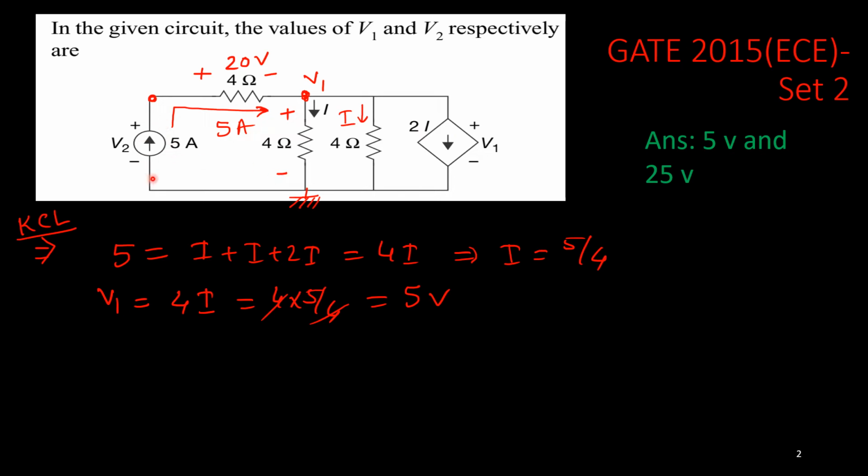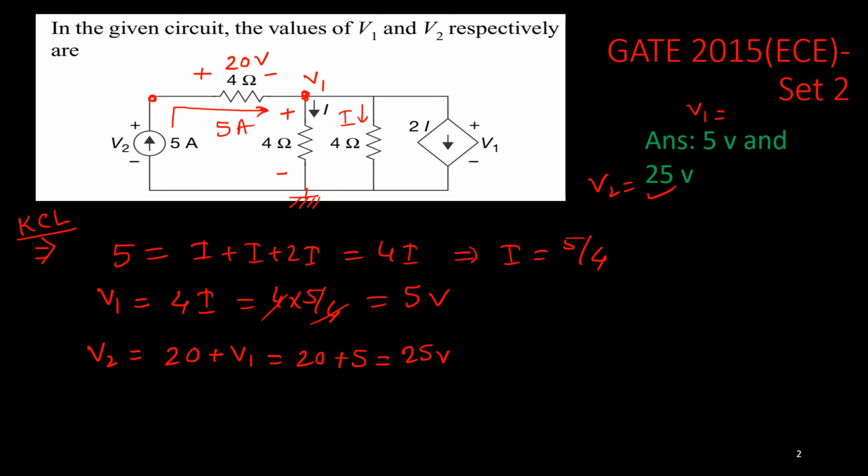So V2 is simply this 20 volt plus V1, and V1 is 5 volt. So 20 plus 5 is 25 volt. This is your V2 and this is your V1. So you have got the answer. Hardly it takes a minute or two.